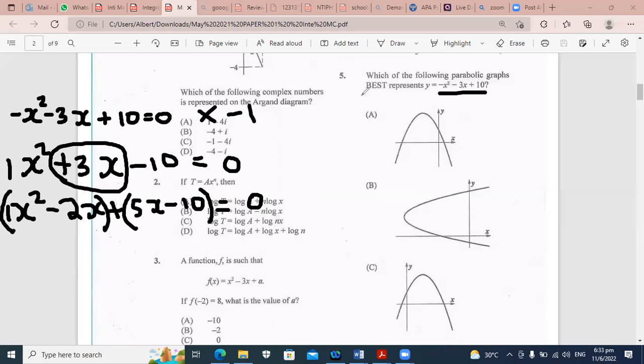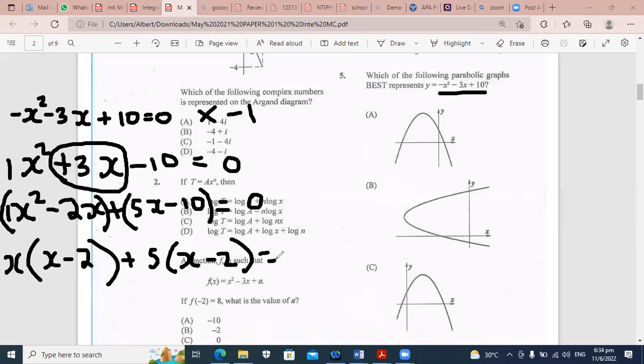All right, so now we factorize each bracket. We see that x is common, so that must be x, subtract 2. Remember, it has to have the same thing in the other bracket. Then x minus 2 is common, so pull it out.